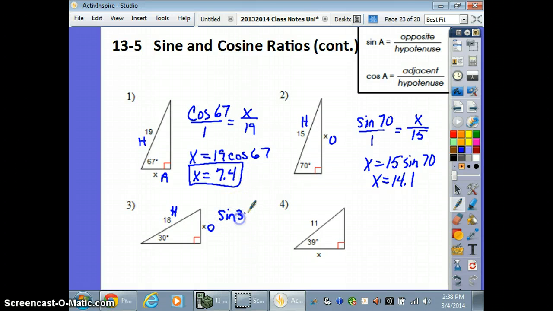Sine of 30 equals x over 18. Would you calculate it? What are you getting? I hope you get 9.